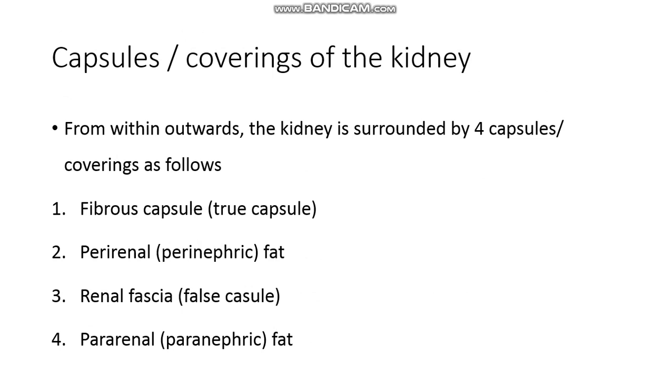The next is regarding the coverings of the kidney, or we can also say the capsules of the kidney. From within outwards, the kidney is surrounded by four capsules. There are four coverings for each kidney. First, a fibrous capsule or true capsule, then perirenal or perinephric fat, then renal fascia or renal capsule, and pararenal or paranephric fat.